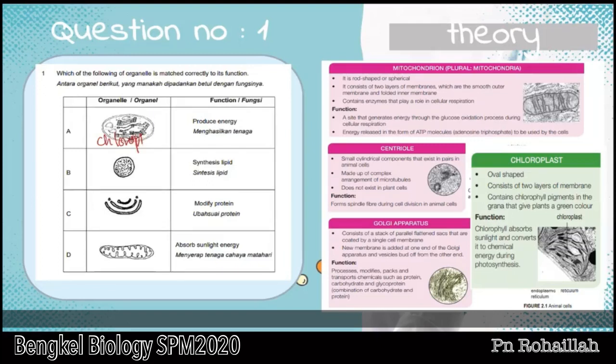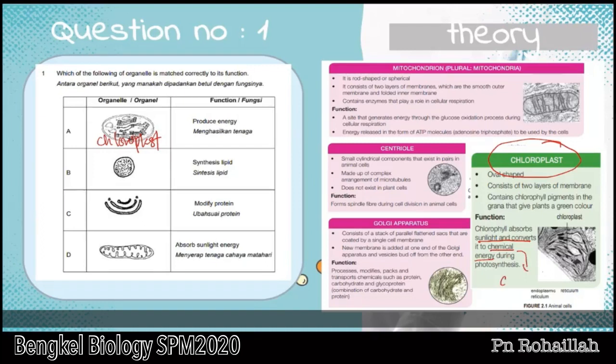Okay, and then chloroplast, we know that the function for chloroplast, we can see the green down here. Okay, saya ada bagi bulatan kat situ. So function for chloroplast to absorb sunlight and convert, okay, chemical energy during photosynthesis. So I want you to underline the word chemical energy.